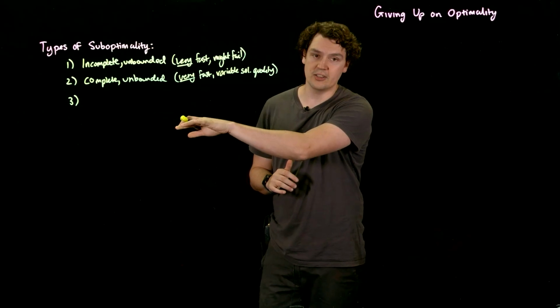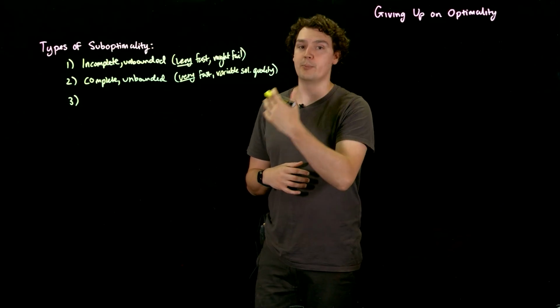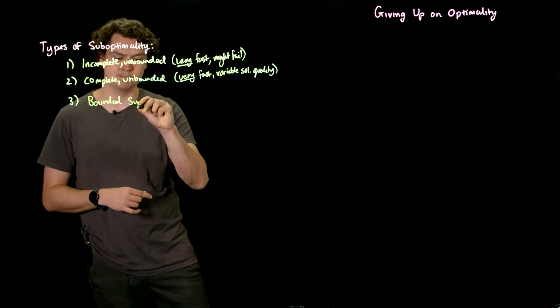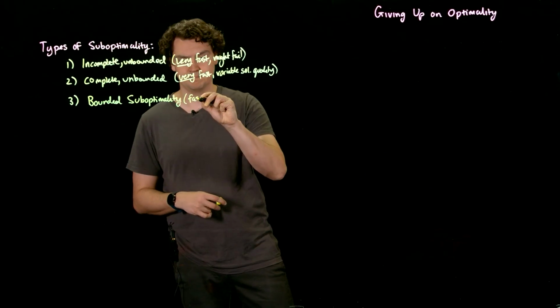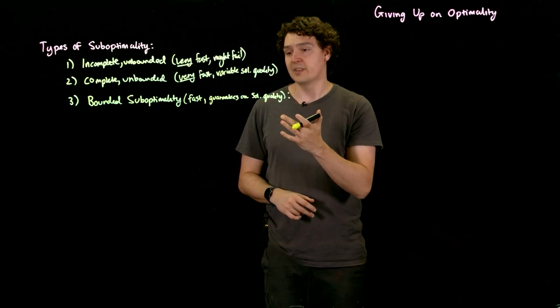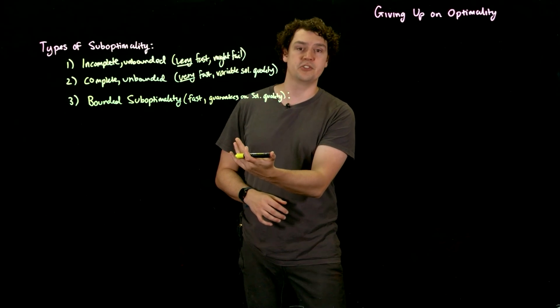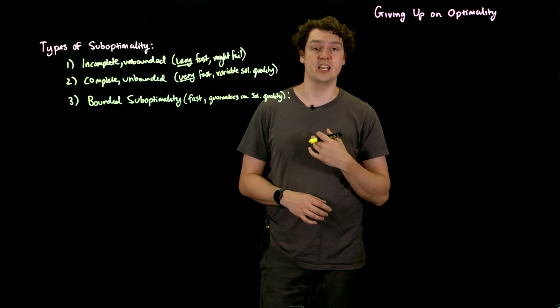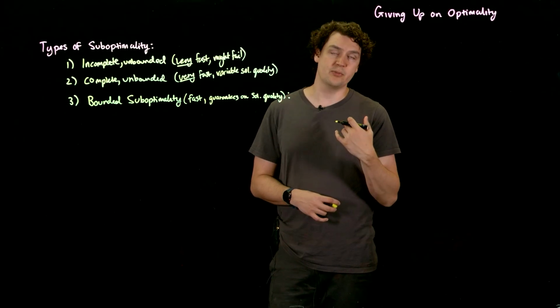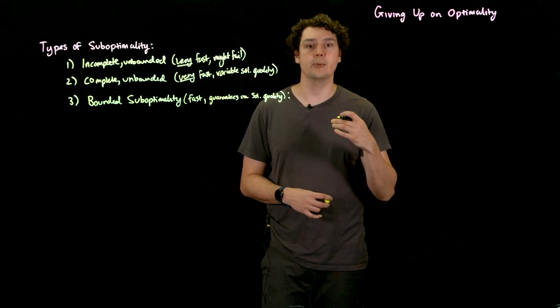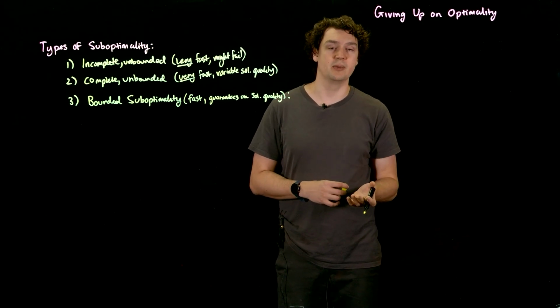So then there are the other versions of this algorithm, which is bounded suboptimality. There are different versions of guarantees that we can have on solution quality. But the first is this idea of being okay with some form of relative suboptimality.